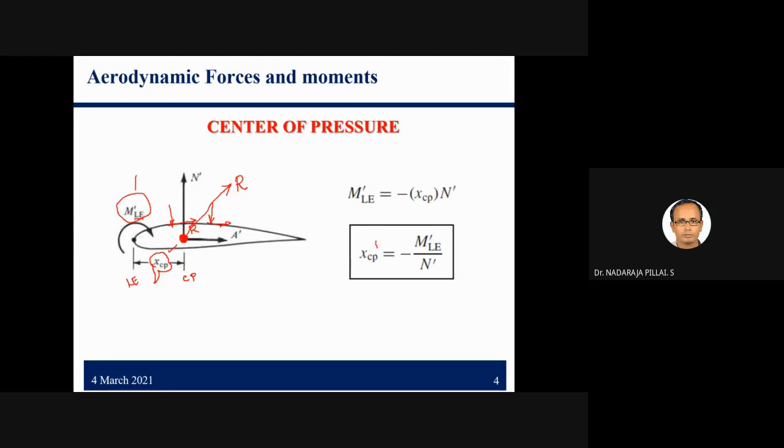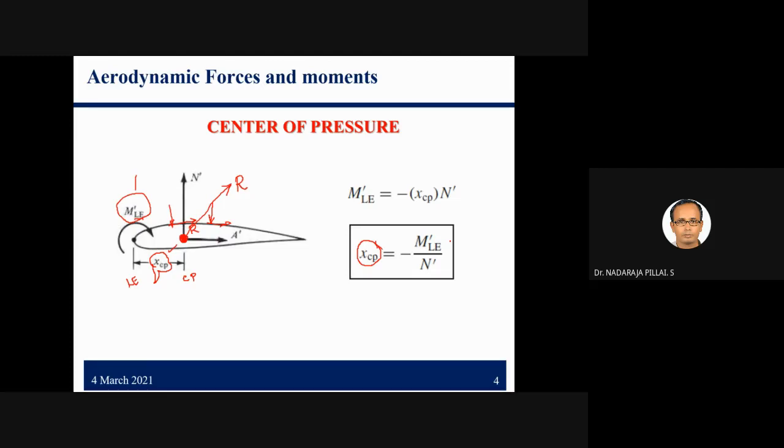So here we have the definition of XCP, which is equal to minus the moment about the leading edge divided by N dash, right? Okay, now we know N dash. Now the definition of center of pressure is very clear. The resultant of all the distributed load that effectively acts on the body is at the center of pressure.